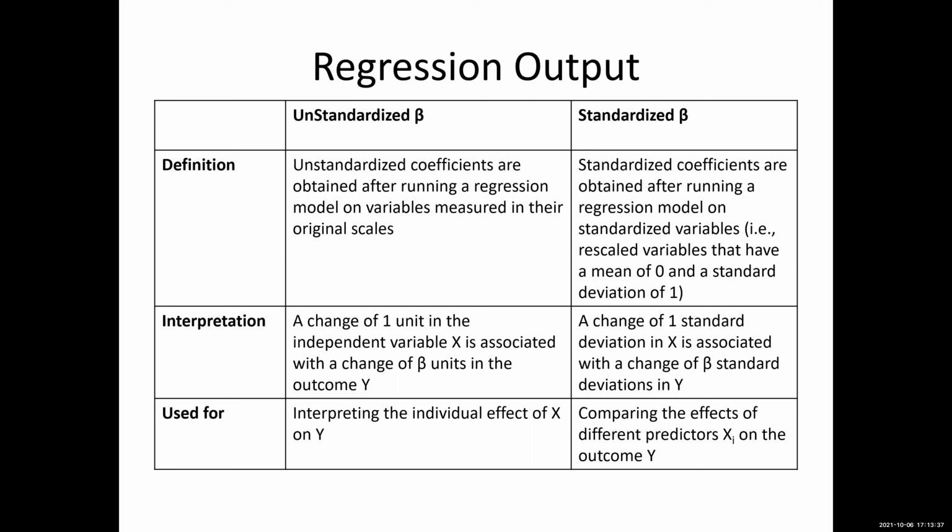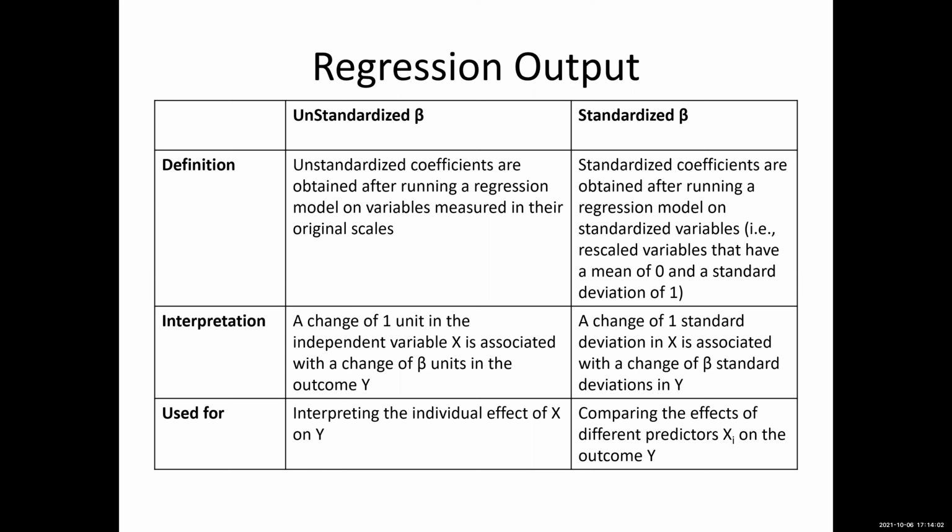And for standardized beta, we don't use the word unit, rather we will use the words: a change of 1 standard deviation in X is associated with a change of beta standard deviations in Y. So this is how you would interpret if you are using standardized estimates, and if you are using unstandardized estimates, this is how you're gonna interpret it.